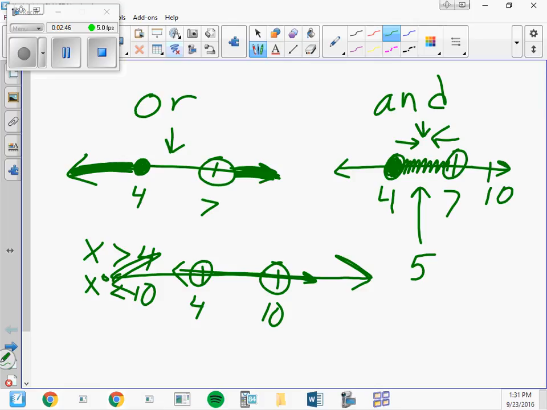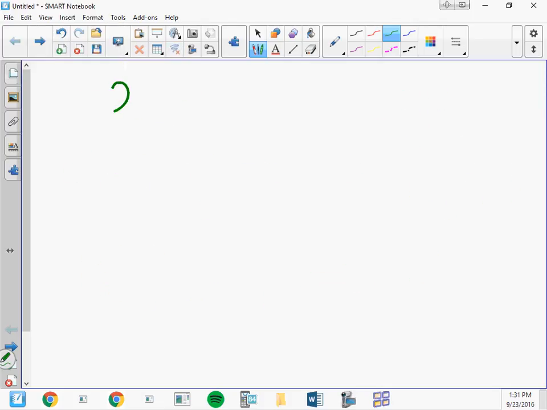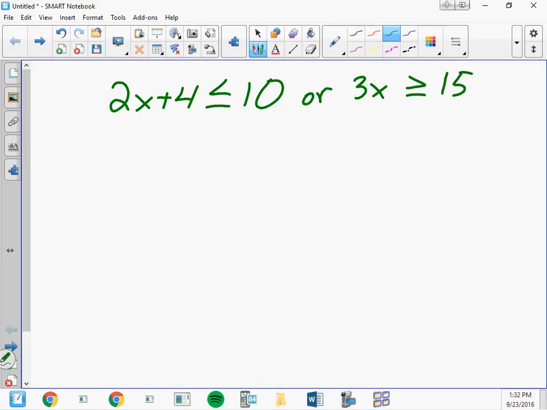So essentially, an OR statement is simply two inequalities. For example, I could have 2x plus 4 less than or equal to 10, and 3x greater than or equal to, let's say, 15. And then it will say OR in between.